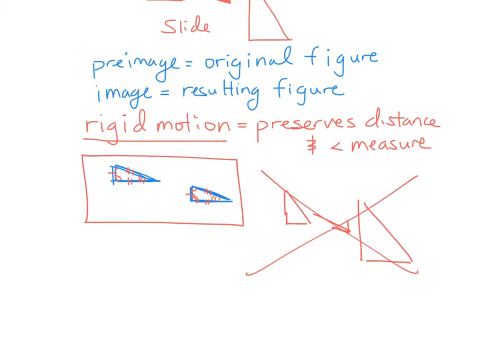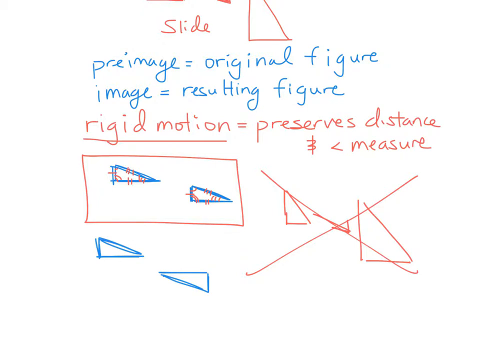That's okay too. If you had something like this and then it became this, as long as they were the same size, it's still considered a rigid motion. So it's really about preserving angle measures and the distance between points.